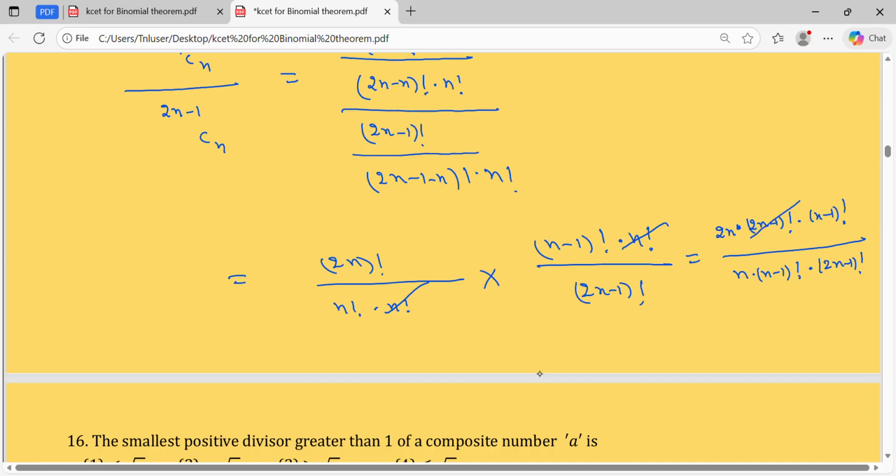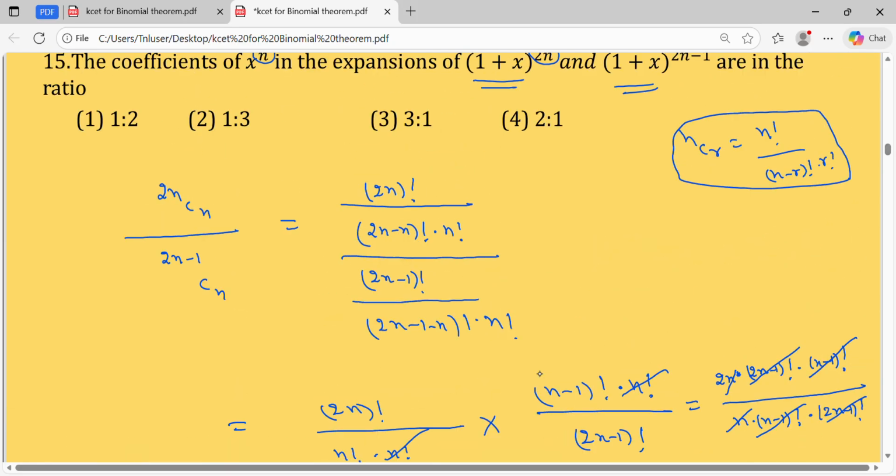See, 2n minus 1 factorial cancels, n minus 1 factorial cancels, n also cancels. So the answer is 2 by 1. Then the ratio is 2:1. So the answer is option 4, 2:1.